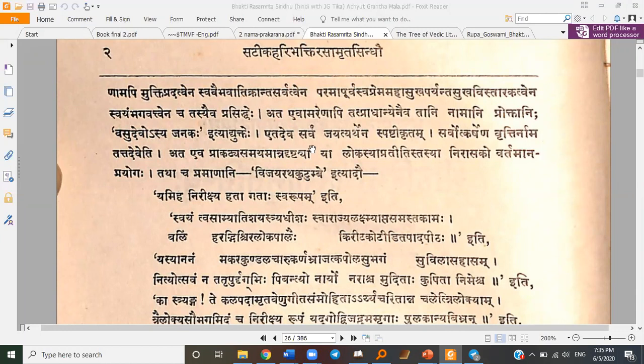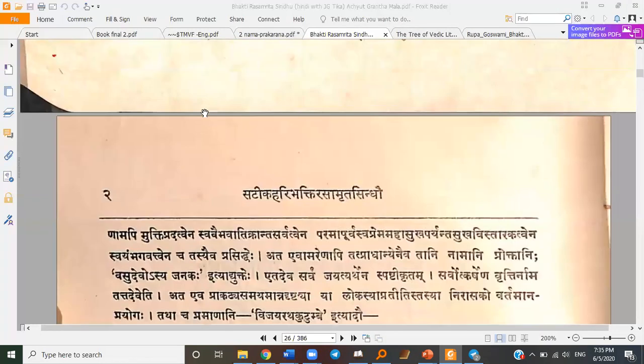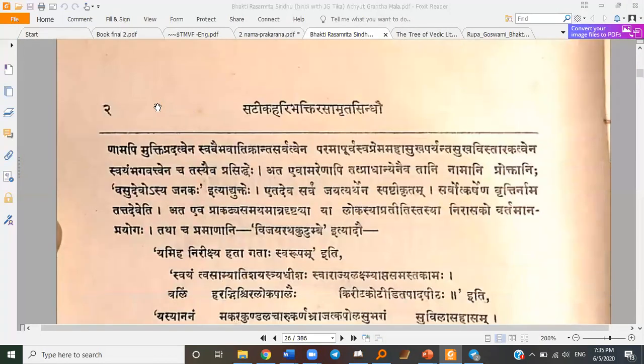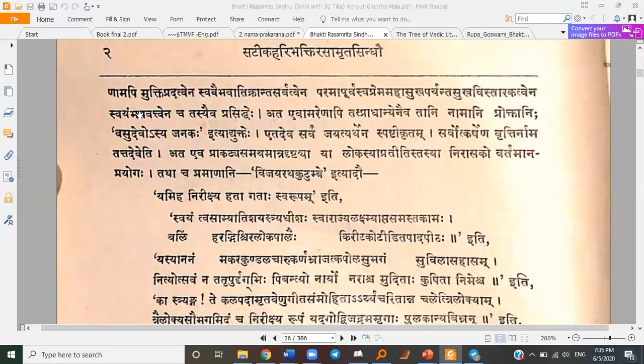Etat eva sarvam jayatyarthena spashtikritam. So all these things, the explanation of Vidhu by these four parts, all become more clarified by the meaning of the word Jayati.